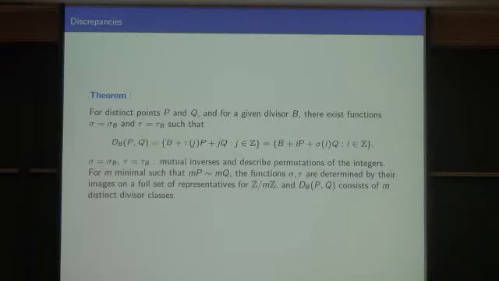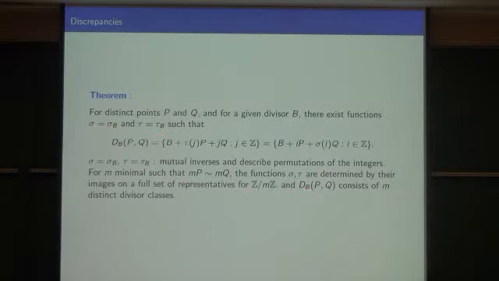So we know this has this form. So sigma is here, right? When you have an I, you have a sigma I, and you have tau j. Okay? So there always exists a function sigma and tau, and here sigma and tau are mutual inverses and describe permutations of the integers.